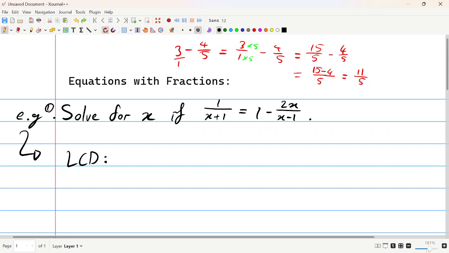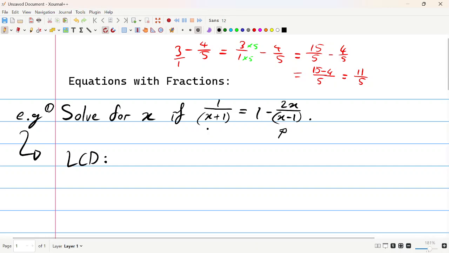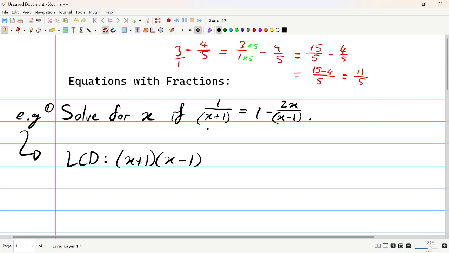All we want is for the denominator to have x plus 1 as well as x minus 1 in this case over here, because clearly we don't know what x plus 1 really is in numerical form, and we don't know what x minus 1 is in numerical form either, so we're just going to use both. So we are only working with x plus 1 and x minus 1, and we'll just multiply them together.